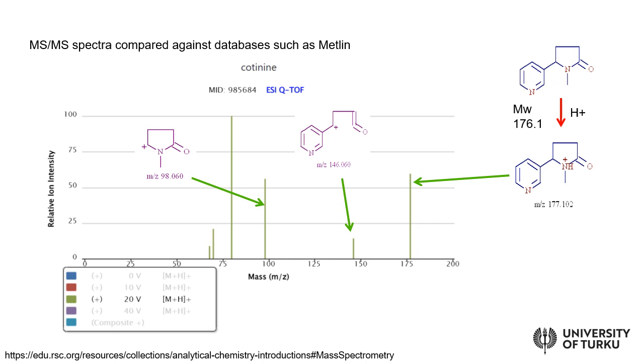Also during the run, as you will see in the actual practicalities, many times we have in-house databases and fragmentation spectral libraries, so that we can already during the analysis do it automatically in a computational form, so that the analysis already tells that, hey, this one has these fragments, it looks like this compound.